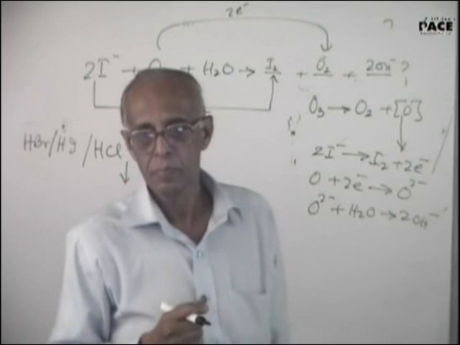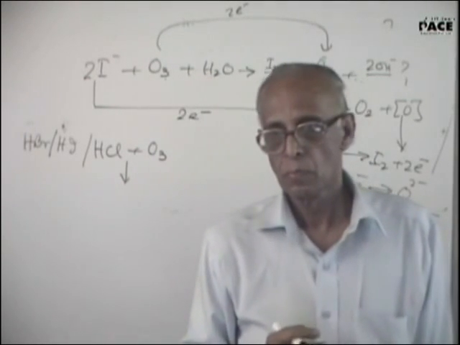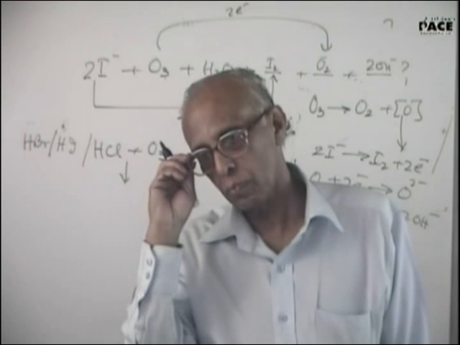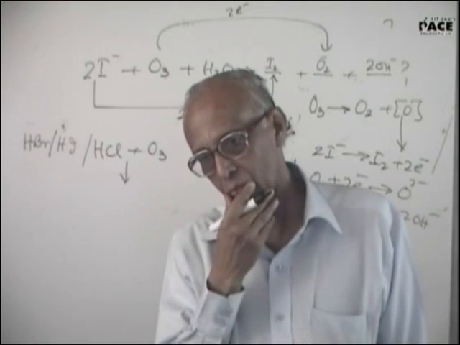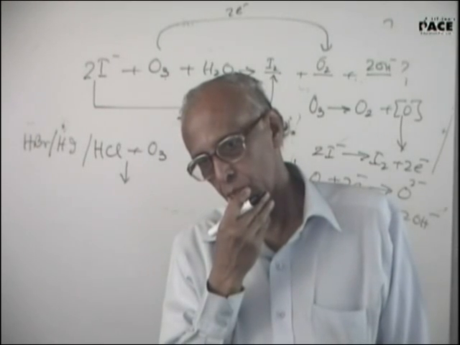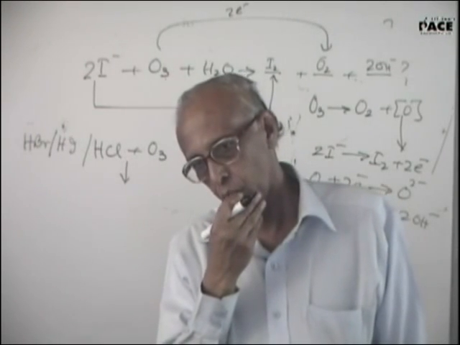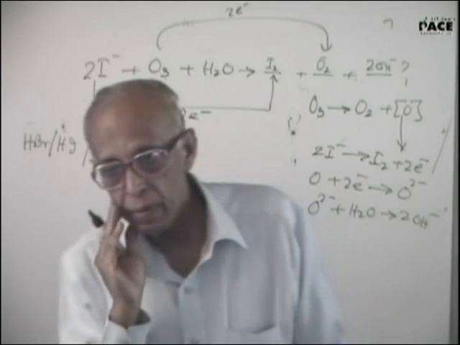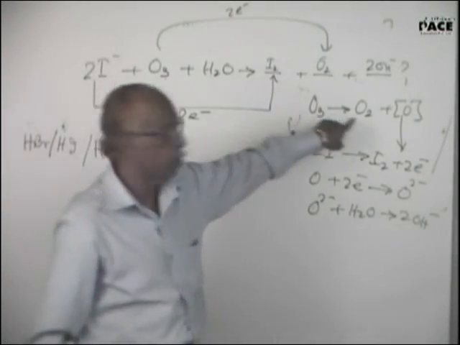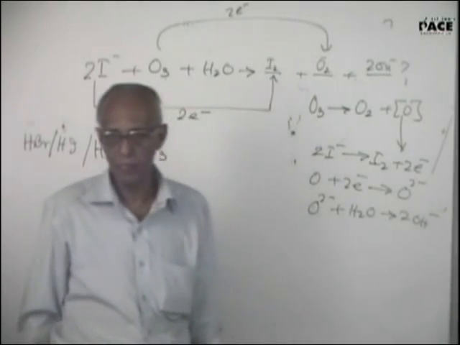In these reactions, oxygen is present in the form of H2O also and O3 also. So during the change in oxidation state, why don't we consider an oxidation state of that oxygen which is in H2O to that of O2 in the products? Well, ozone, you treat it as O2 plus nascent oxygen.